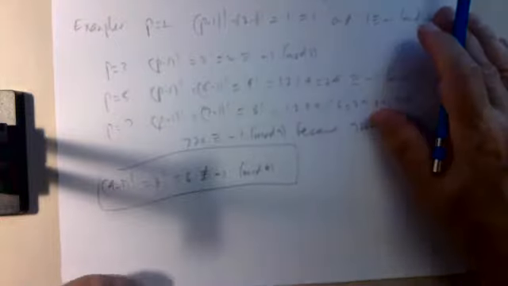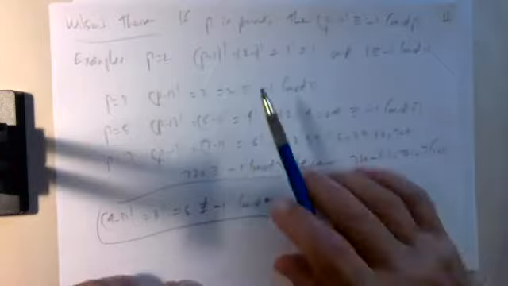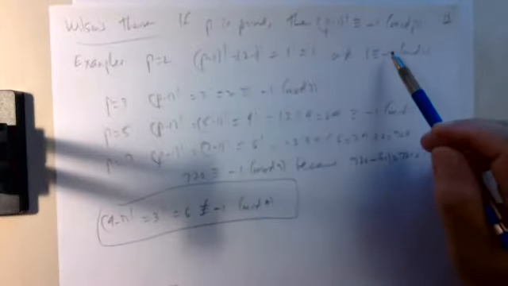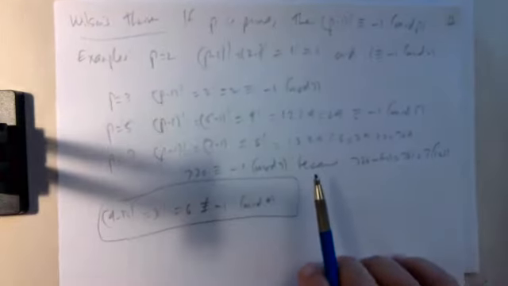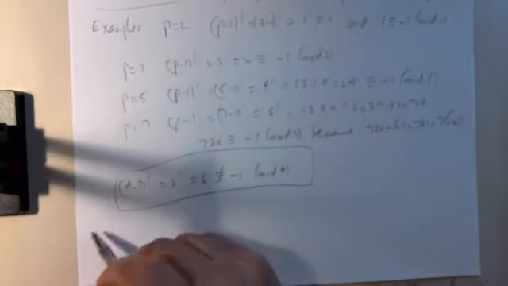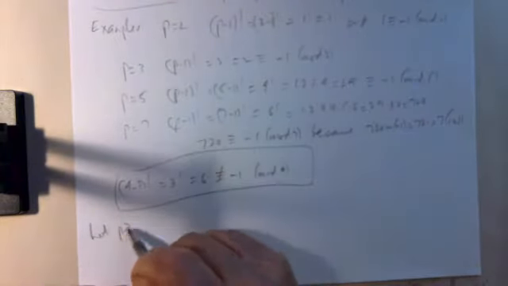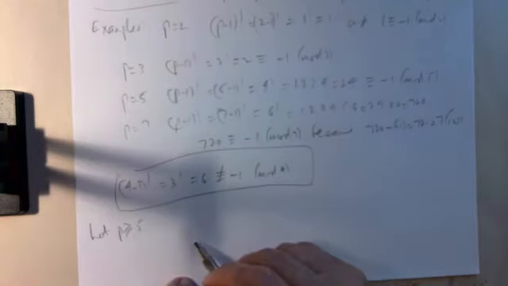So how do we prove Wilson's theorem? We know it's true for 2, 3, 5, and 7, because I just did the calculation. So let P be, in fact, anything greater than or equal to 5. That's the way I did it in the text.